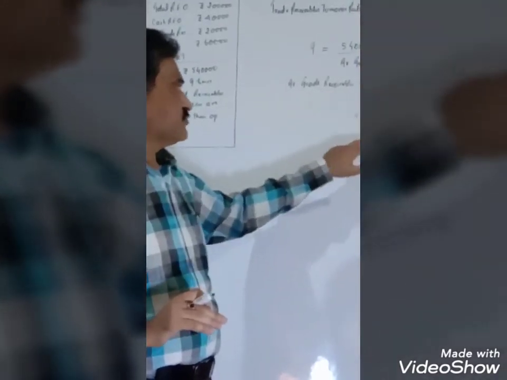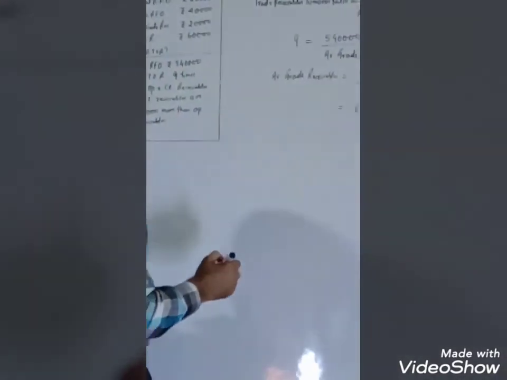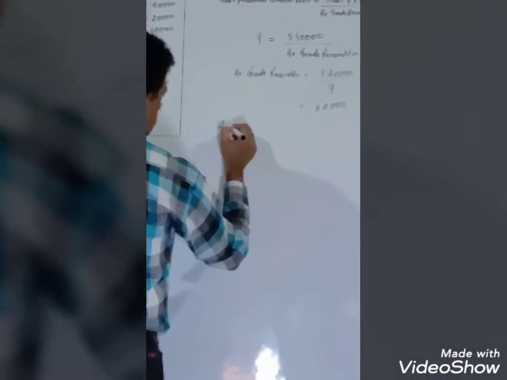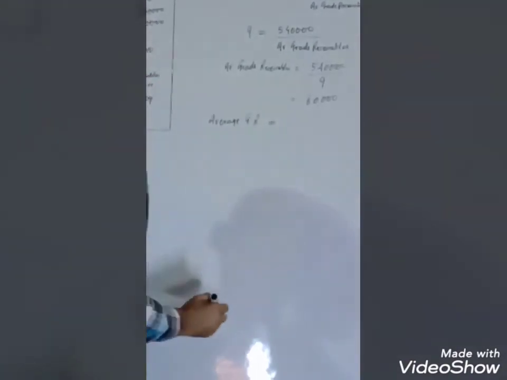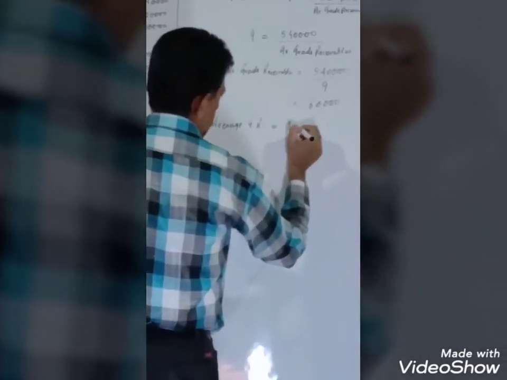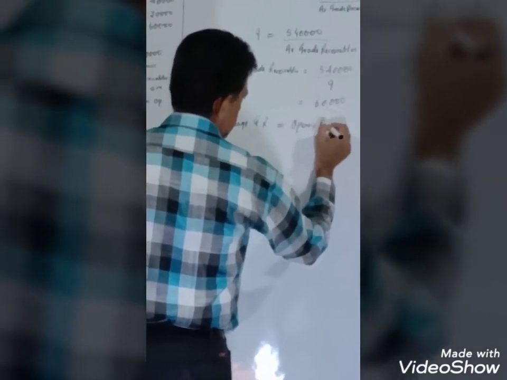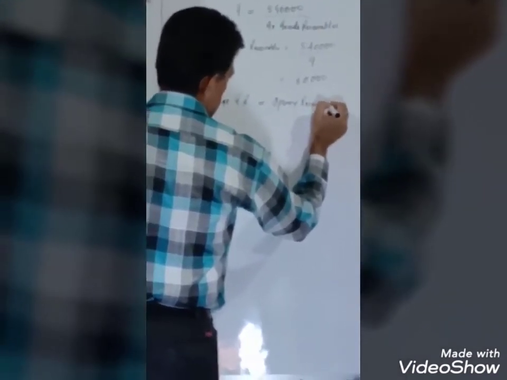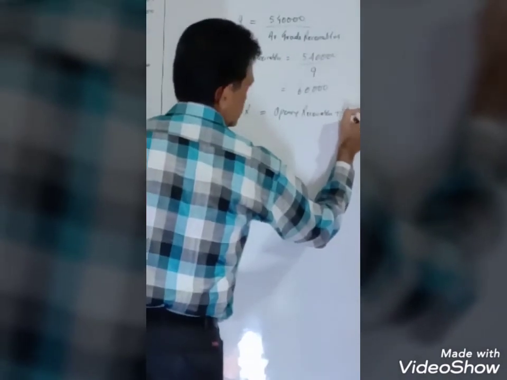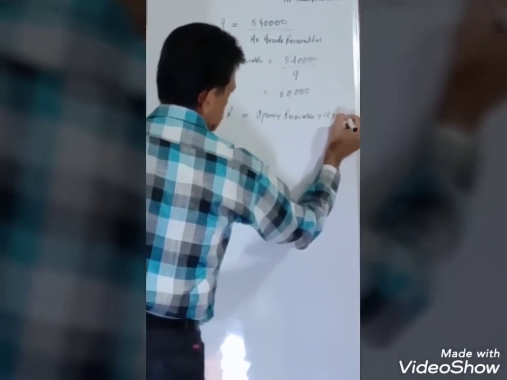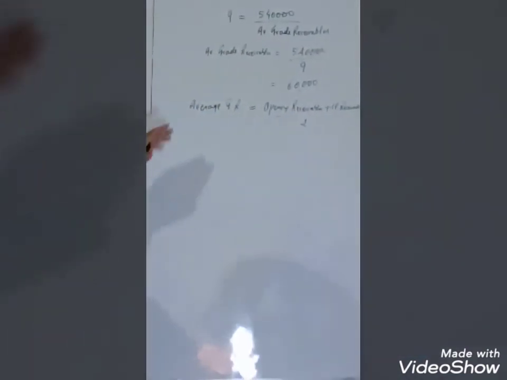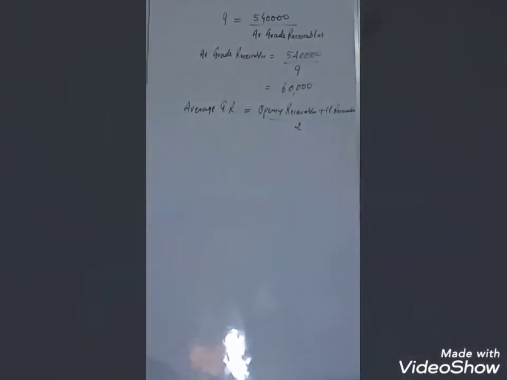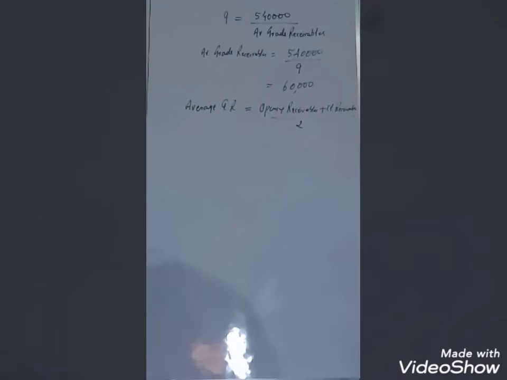The formula is average trade receivables equals opening receivables plus closing receivables divided by 2. Average trade receivables we got is rupees 60,000, but opening and closing receivables are not given.